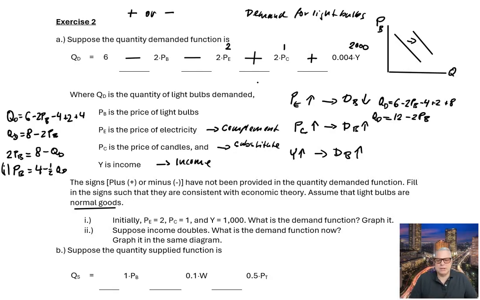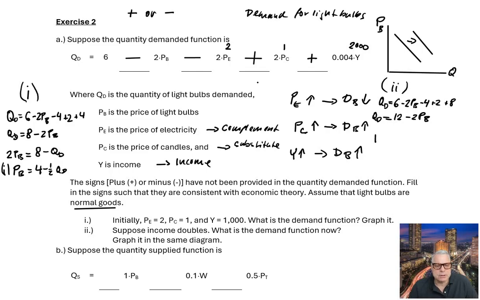Okay, so that would be the second. Actually, I put it here, so this is I, and this is the demand function when income is 2000. Let's rearrange that again to the inverse demand function because we have to draw it.